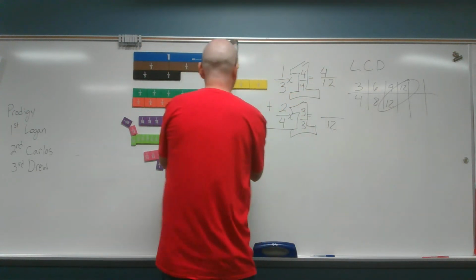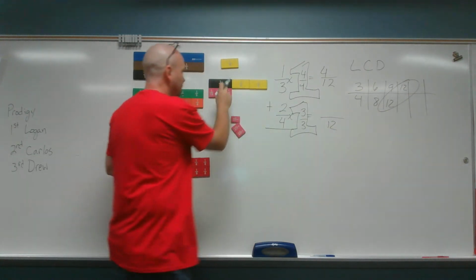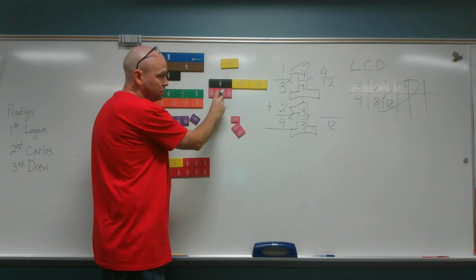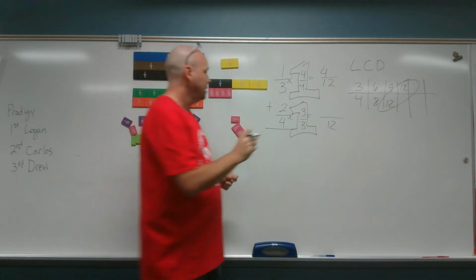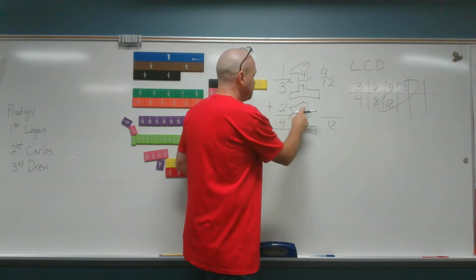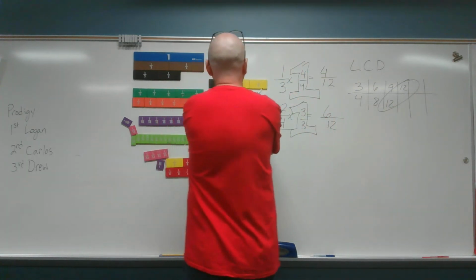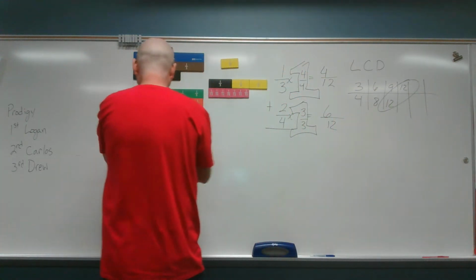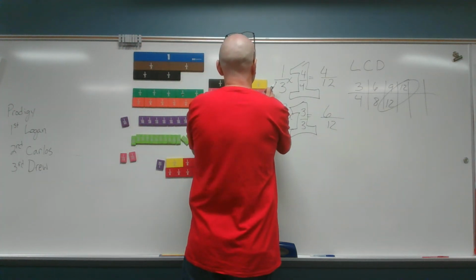So I think I'm going to use 4/12, which is equivalent to 1/3. My numerator here, Alize, is going to be what? 2 times 3 is 6. Is going to be 6/12. There's 3 and 6.